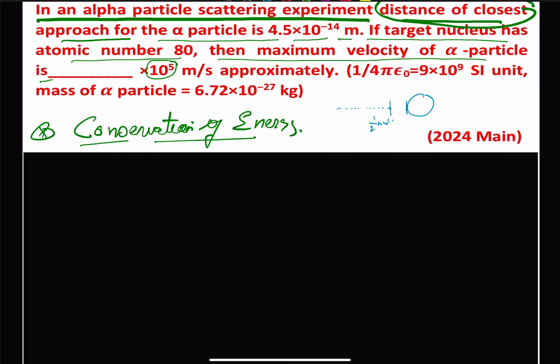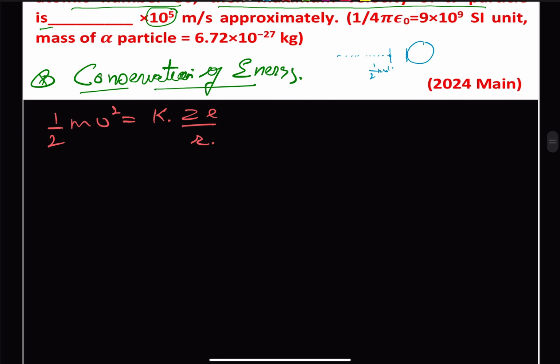Therefore we can write our half m v square is equal to our k ze upon r, and all the values are known to us. We simply substitute the values, or we can write, let me write in terms of velocity.